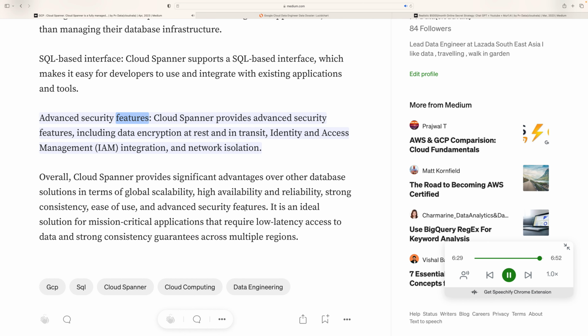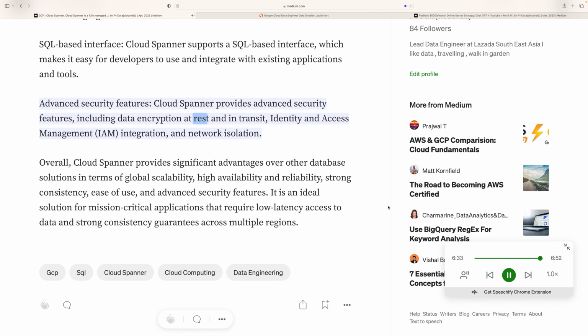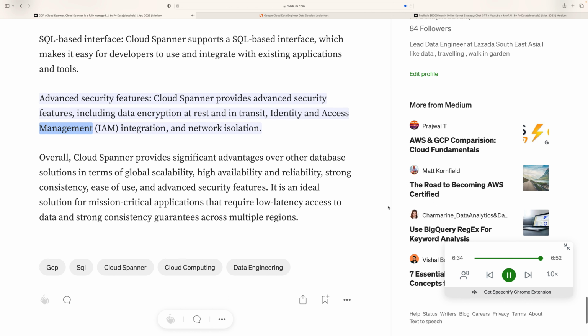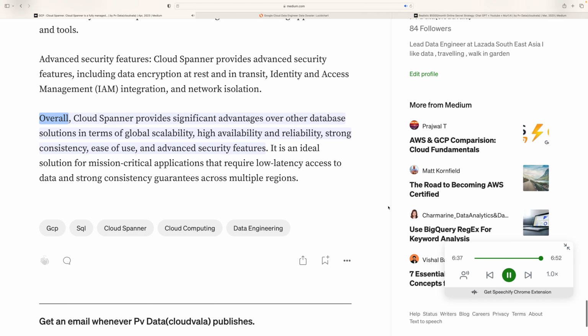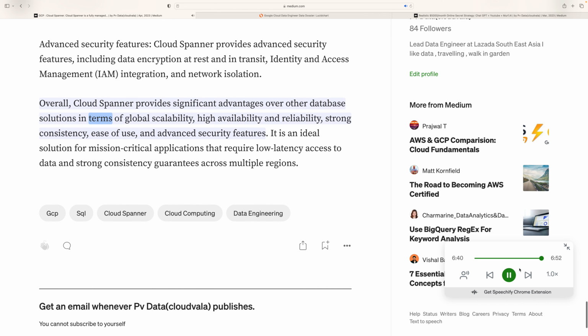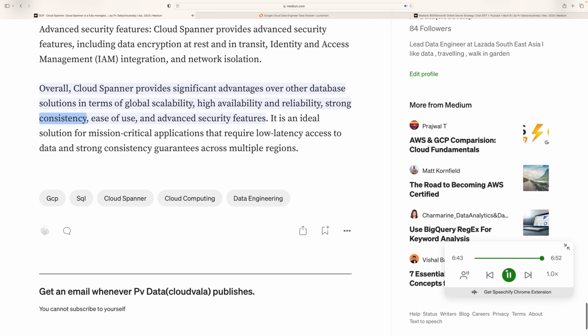Advanced security features. Cloud Spanner provides advanced security features, including data encryption at rest and in transit, identity and access management, IAM, integration, and network isolation. Overall, Cloud Spanner provides significant advantages over other database solutions in terms of global scalability, high availability and reliability, strong consistency, ease of use, and advanced security features.